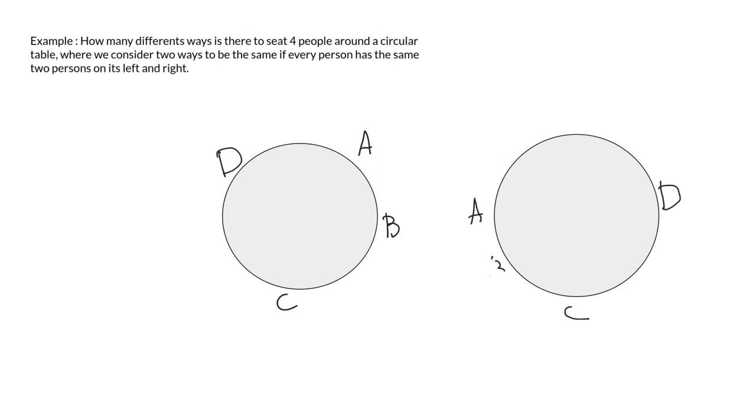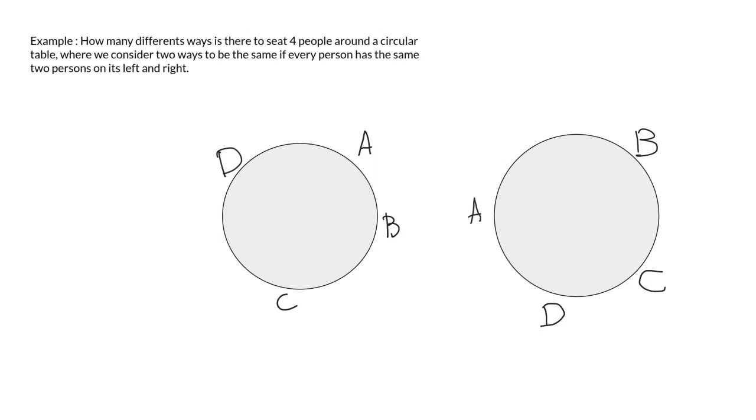Now let's see an example where they are the same. So if we now put D here and C here and B here, we just get the same configuration, right?